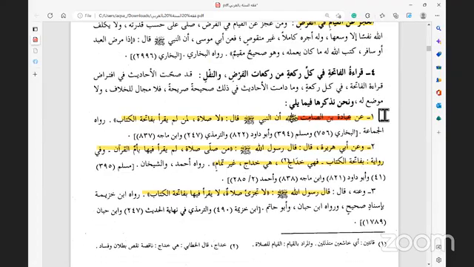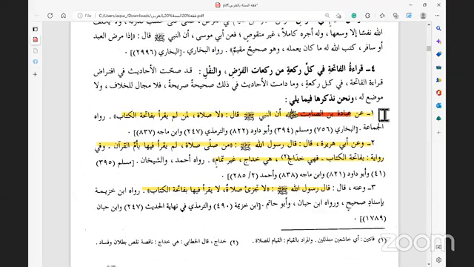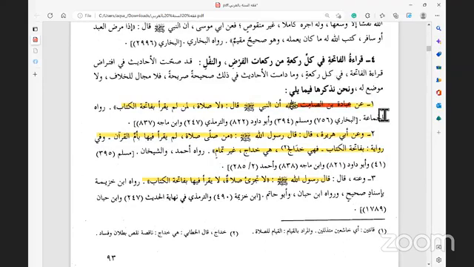Reading the Fatiha at least is something every Muslim must learn. Every Muslim must learn to read it with the correct pronunciation. So not Alhamdulillahi Rabbil Alameen, no, Alhamdulillahi Rabbil Alameen.